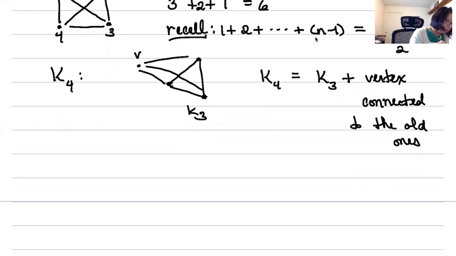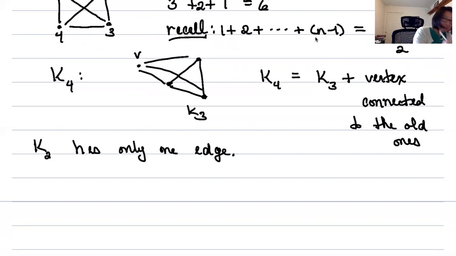All right, so if we think about this, then we can prove the formula for the number of edges in Kn by induction. As a base case, we can see that K2 has only one edge.